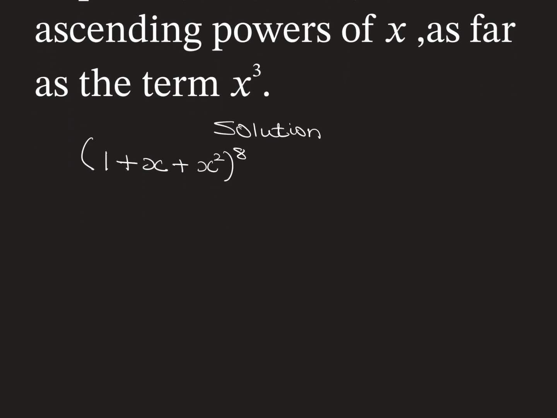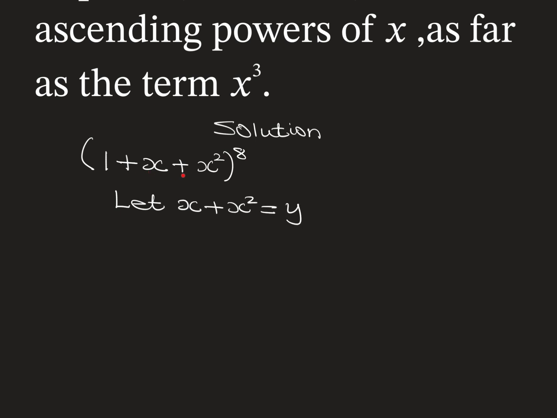Now, this is not the usual binomial that we deal with. In fact, it is a trinomial because we have three terms: 1, x, and x to the power 2. So, what can we do to first change it to a binomial? Well, we can let x plus x squared be equal to y.